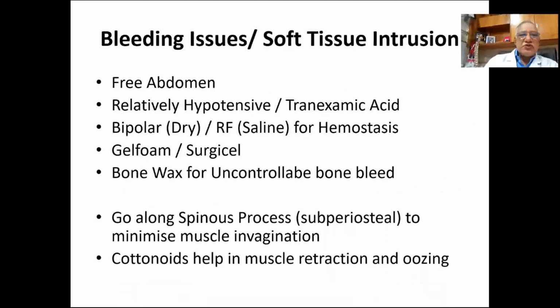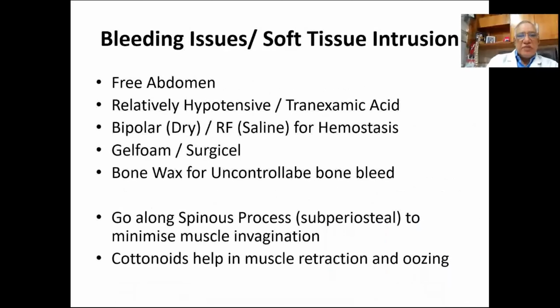Bleeding issues and soft tissue intrusions can be taken care of. As far as bleeding is concerned, make sure that the abdomen is free when the patient is prone. Relative hypertensive anesthesia is a help. Tranexamic acid can be used to minimize bleeding.